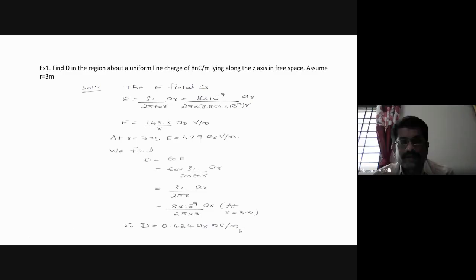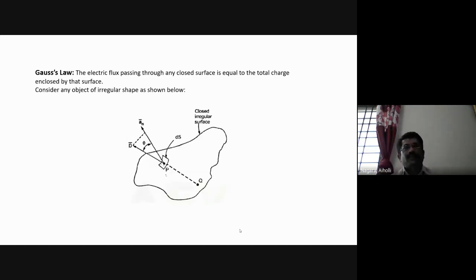Next, one more important law here, students, called Gauss law. It is one of the important laws, and many times it has been asked in examinations to write the definition and explain Gauss law in mathematical form.